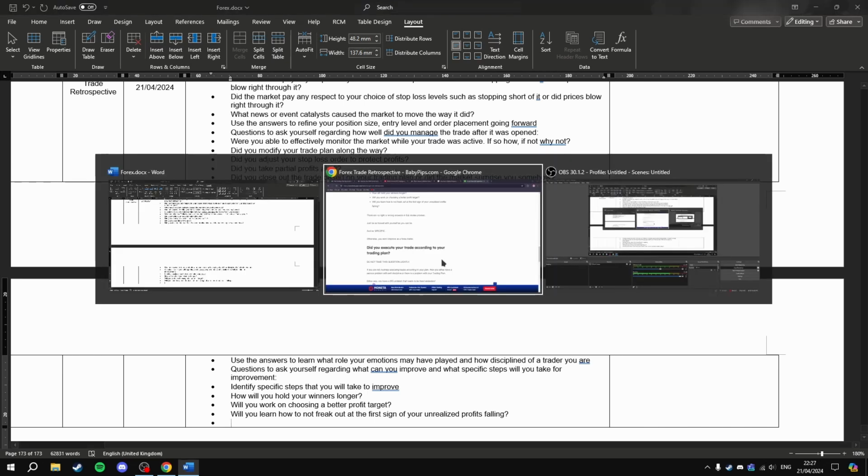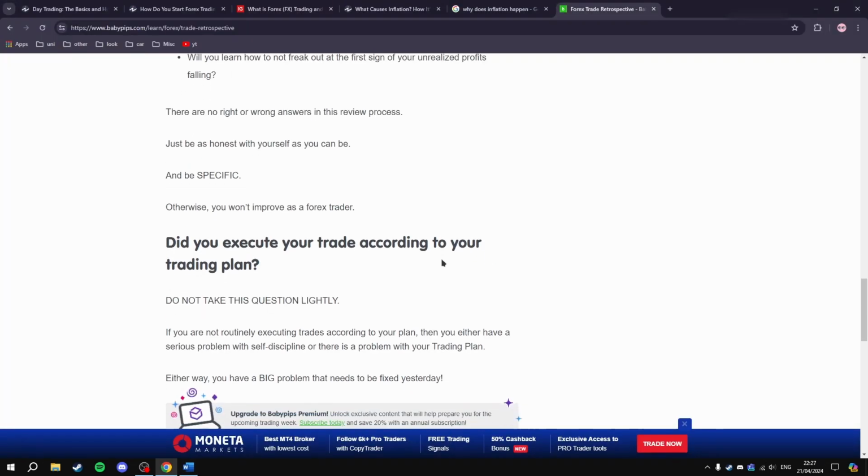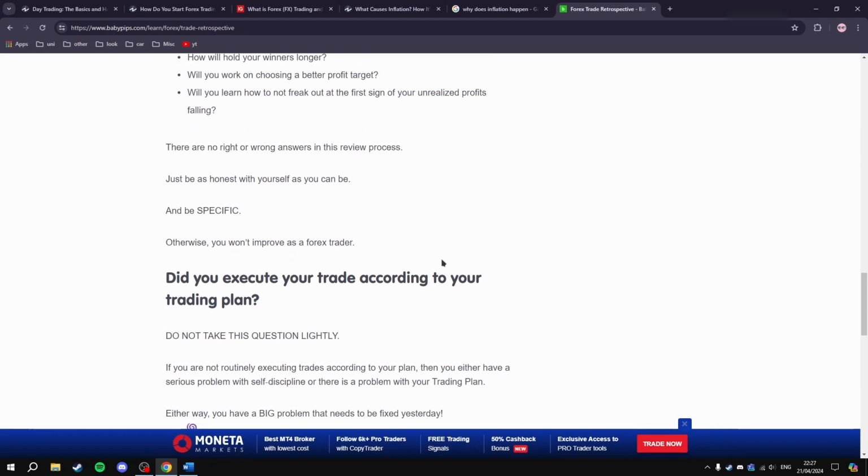Oh, that's going to be hard, I reckon. Because as a newbie trader, when you first see your trade's going well and then it just drops down, you're like, oh my god. It's a bit heart shaking.